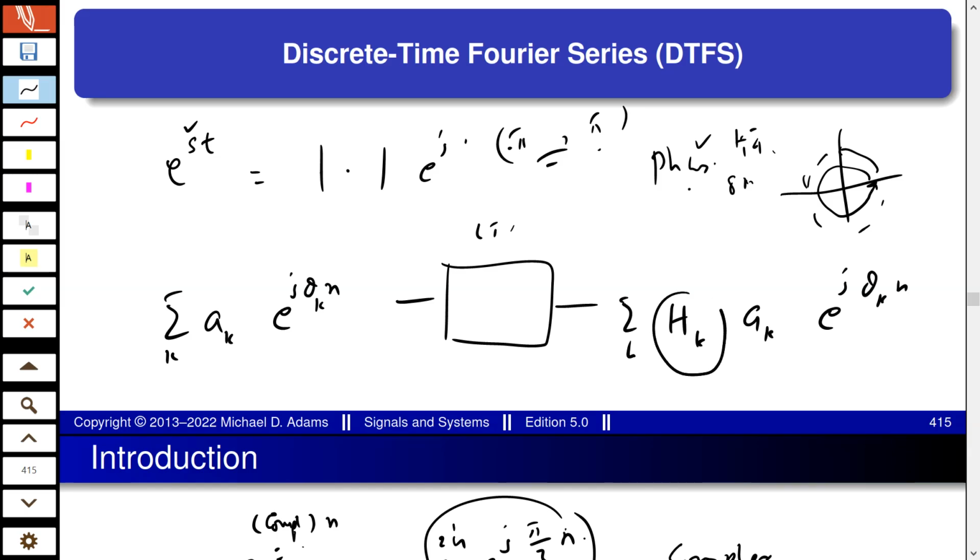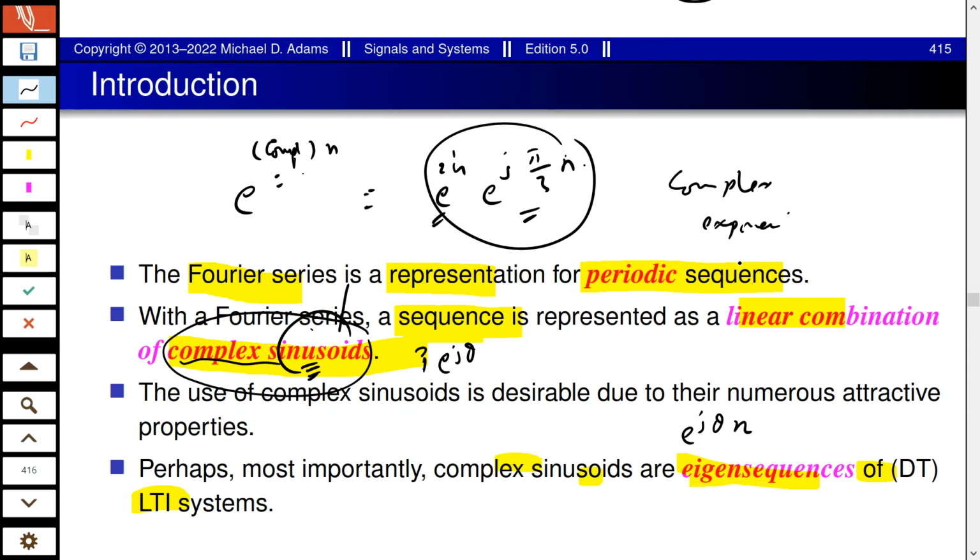Now this hk cannot depend on time. If it depends on time, then it cannot be LTI, right? This may still be linear, but this will then be a linear time varying system, right? So because these coefficients must be constant, that's why we are calling this an LTI system, and that's why we can still use the word complex sinusoids.